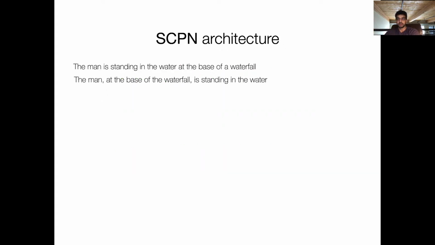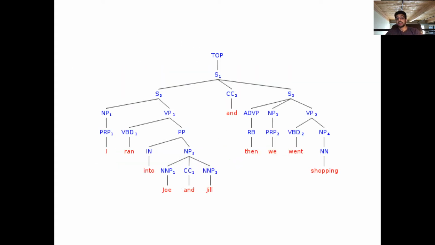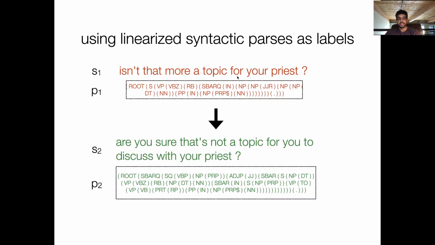Okay, so what if we don't have a paraphrase with the given tree structure? That's the thing. These two sentences, "Isn't that more a topic for your priest?" and "Are you sure that's not a topic for you to discuss with your priest?", the second sentence is created through back translation. So we use it as a kind of pseudo-parallel data: we have this original sentence, we create the second sentence through back translation, then we parse the second sentence.